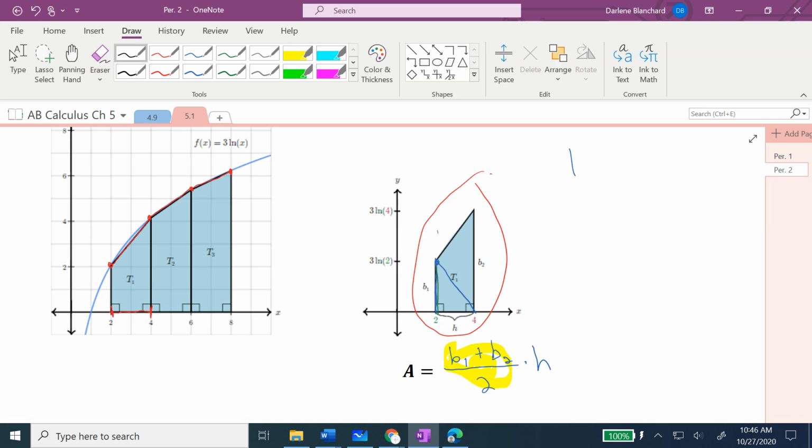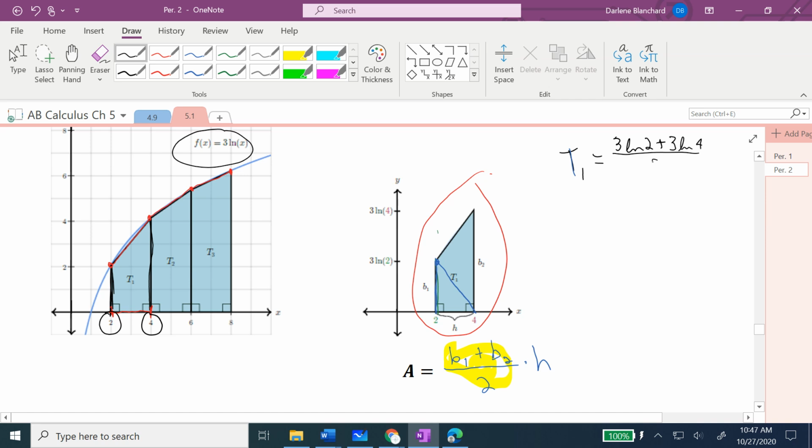Then, for this particular example, we are looking at trapezoid number 1, which has an area of: base 1 is plugging 2 into this function, so 3 times the natural log of 2, plus the length of base 2, plugging 4 into that function, 3 natural log 4, and then divided by 2 times the delta x, which in this case is 2.